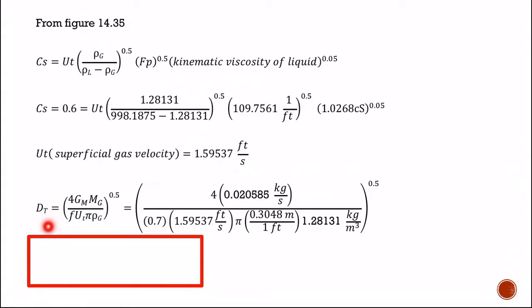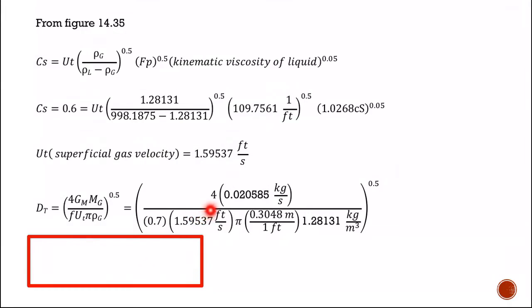Finally, using the formula here for diameter, we use 4 times GM times MG over the superficial gas velocity, pi, rho G, the quantity raised to 0.5.